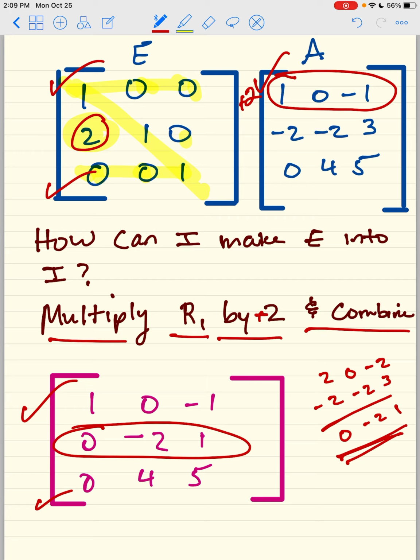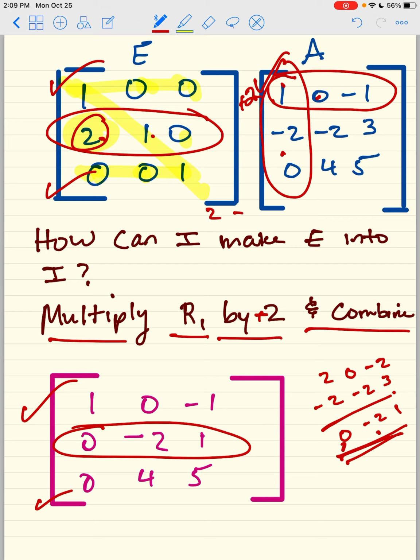So what we're gonna do here is we go 2, combine, you get a 0, 2, that's 0, combine, and then 2 times -1 is -2 plus the 3 makes a 1. So if you guys, once again, do it the long way, you can do second row, first column if you want. 2 times 1 is 2. 1 times -2 is -2. 0 times 0 is 0. When you add them together, you get a 0.